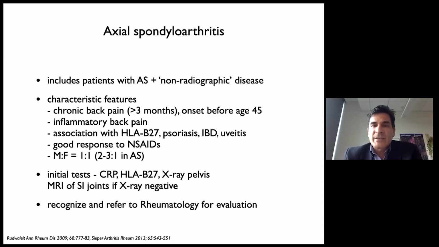This means that when you obtain X-rays of the sacroiliac joints or spine, the typical and classical features of ankylosing spondylitis are absent. In this situation, then, if there's clinical suspicion for axial spondyloarthritis, the next step after radiographs of the SI joints is to obtain an MRI of the SI joints.